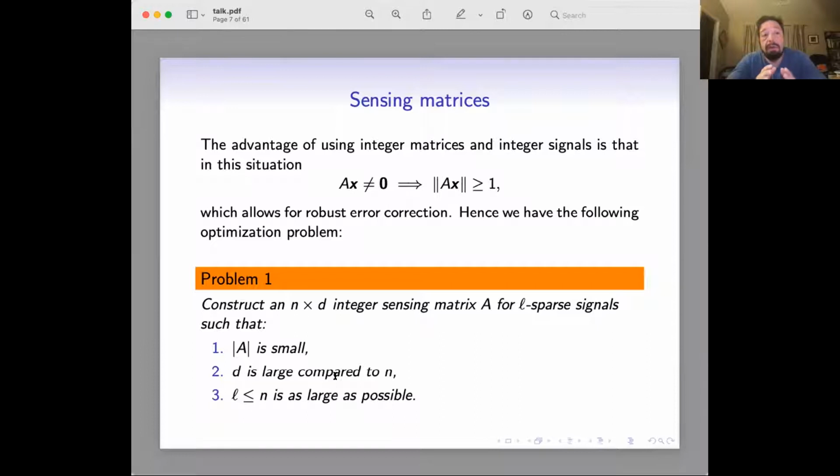D, the number of columns, is large as compared to n, the number of rows, and the sparsity level, L, is as large as possible. Now, L naturally is always no bigger than n, but ideally I'd like to push it to be as close to n as possible. Okay, so that's the optimization problem. How can we construct such sensing matrices?